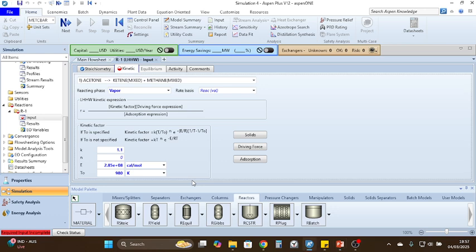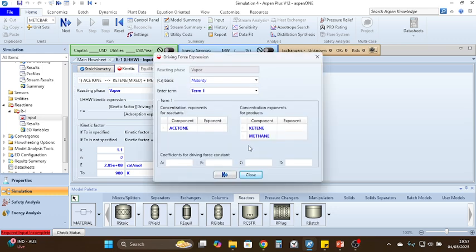So now we are going to select the driving force option over here. Once we open it, we find the reacting phase, which we specified as vapor.